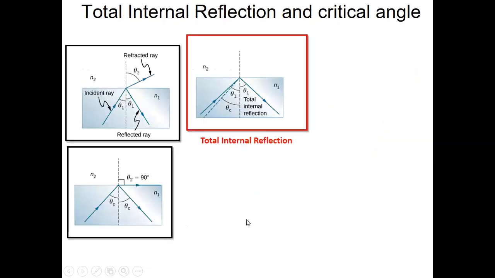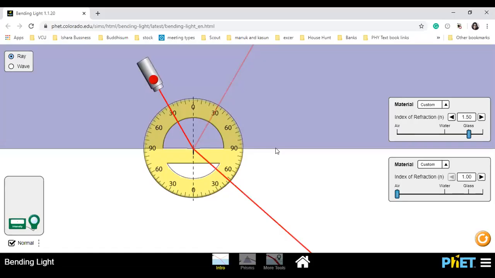All right, now there's another very interesting phenomenon that happens when light is refracting. So let me take you to the simulator, and then we'll come back to the PowerPoint slides. So in the simulator, you see a picture like this one.